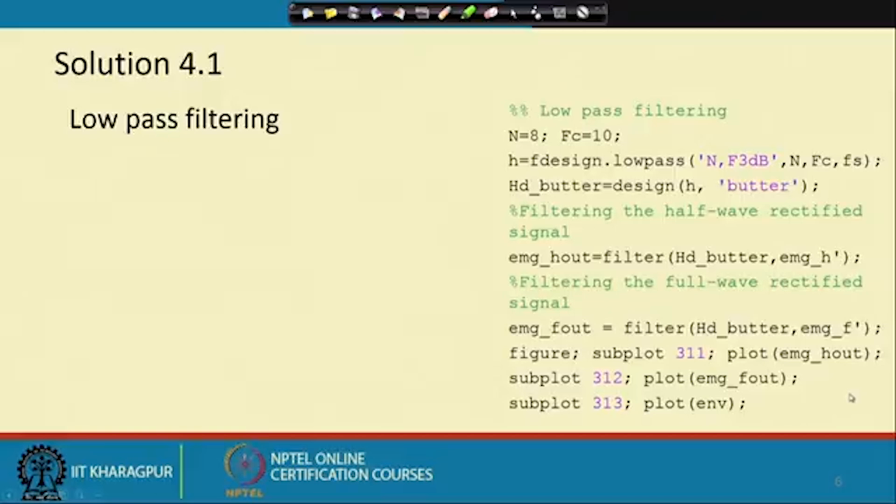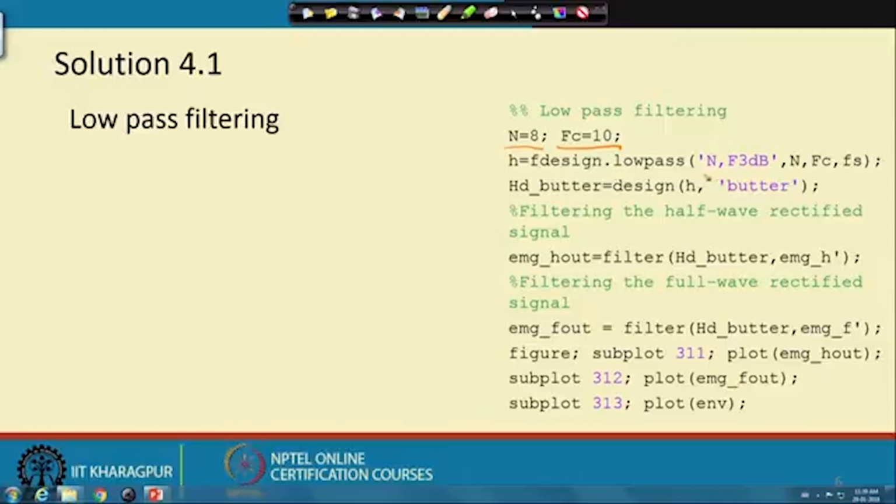So, we would like to remove or reduce the ripple, the AC frequencies, and for that purpose a low pass filter is suggested with order 8, starting with a cutoff frequency of 10.